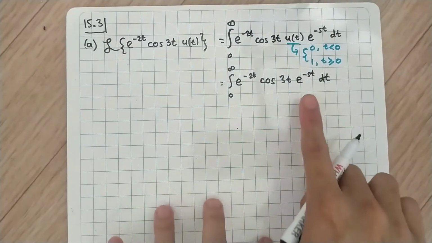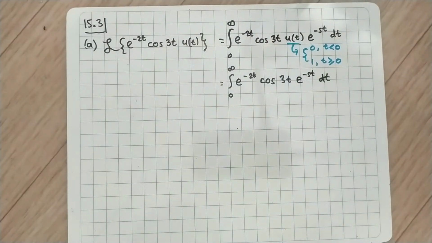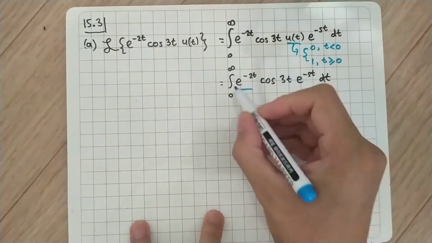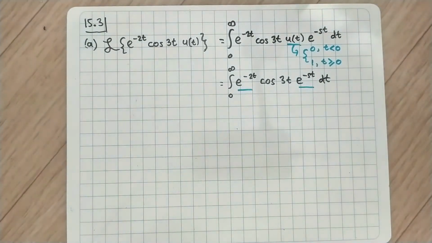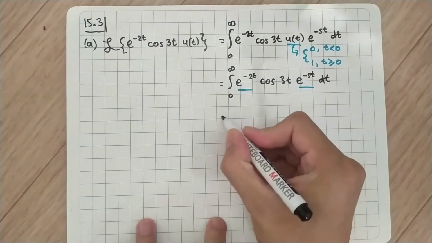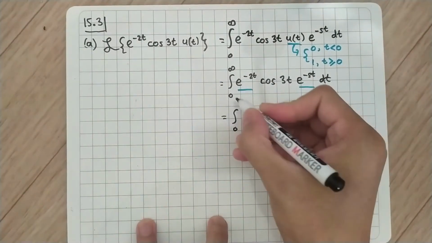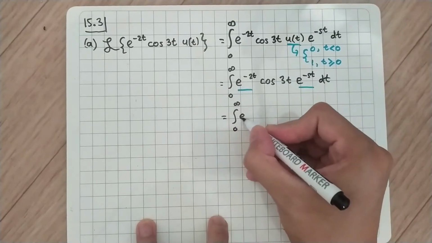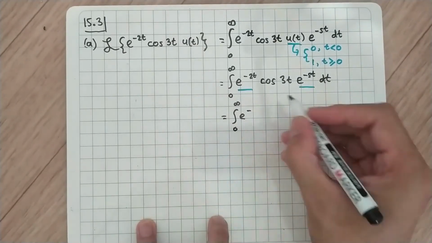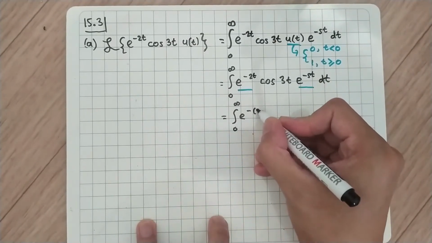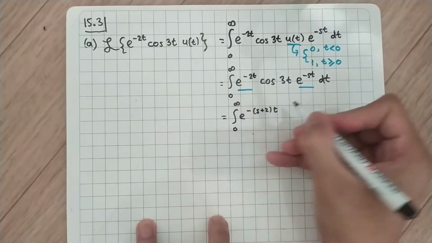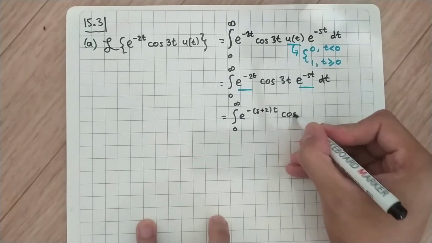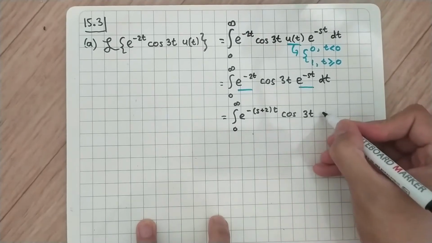Okay, now we can combine this exponential term. So this is e to the minus 2t and this is e to the minus st. So let's rewrite this as the integral from 0 to infinity of e to the minus, okay, I want to factor out minus 1, so (s plus 2)t cosine of 3t dt.